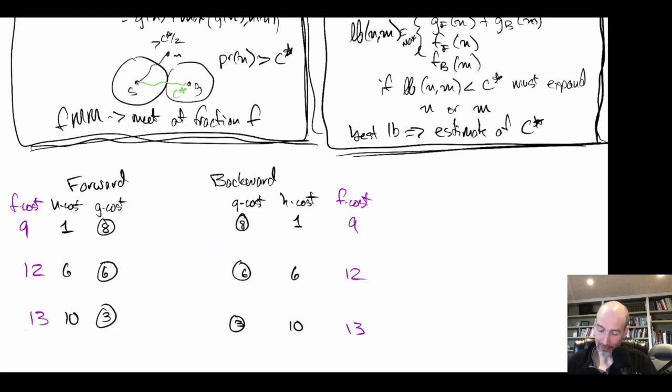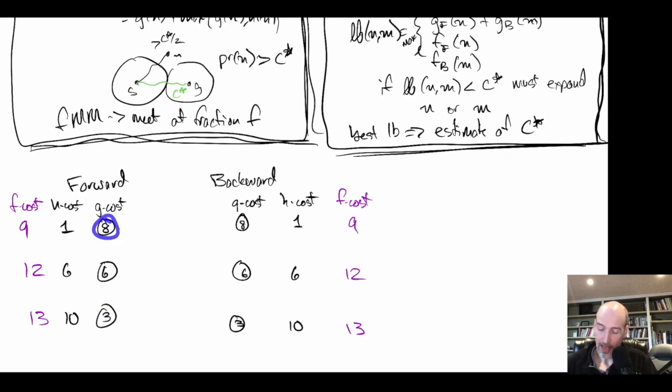And so this is 13. In fact, if I look at any of these states, 3 plus 6 is 9, but F cost is 13, and 3 plus 3 is 6, but the F cost is 13. So when we compare these pieces, for this state down here, the bound is always going to come from the F cost, and the lower bound of this state, considering all other states, is going to always be at least 13.